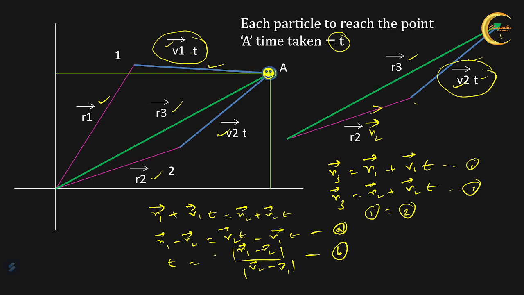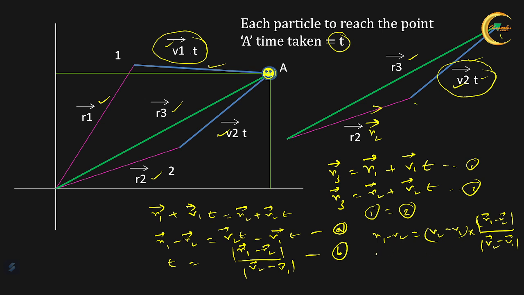Now if we apply this time with equation A, we can easily find R1 minus R2 equals V2 minus V1 times mod of R1 minus R2 divided by mod of V2 minus V1.